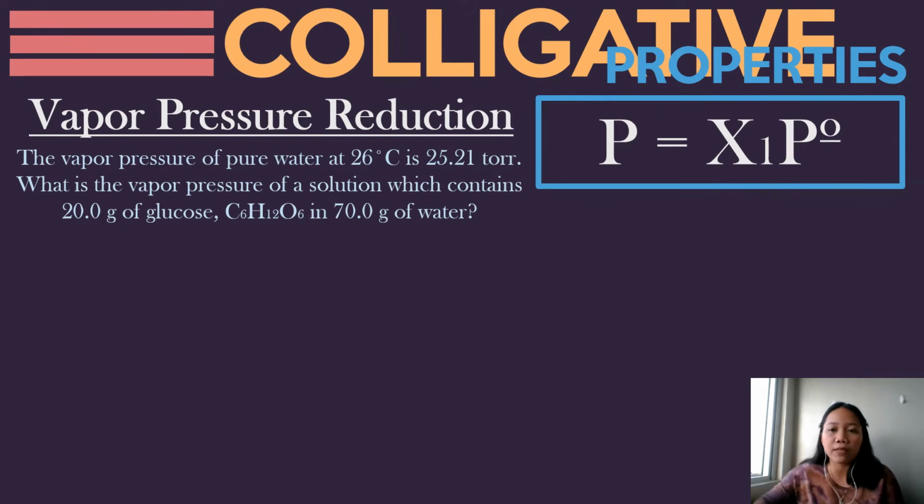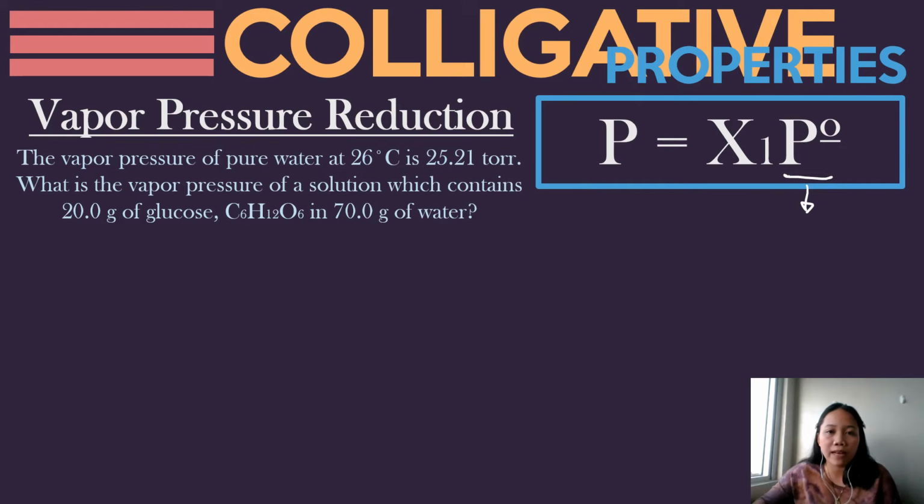Of course, the first thing you need to do is list down all the given. Do you have the vapor pressure of your water? You have it there in your problem. The vapor pressure of pure water is the vapor pressure of your solvent before adding a non-volatile solute, so that is actually your P prime.